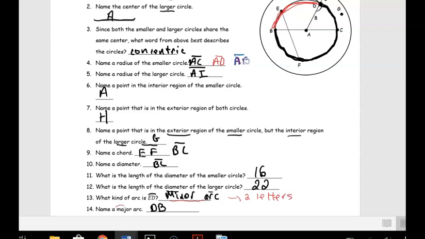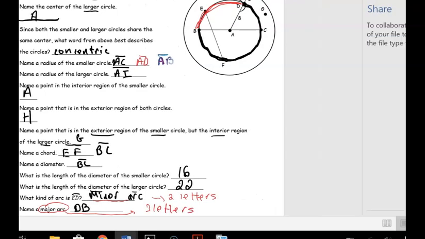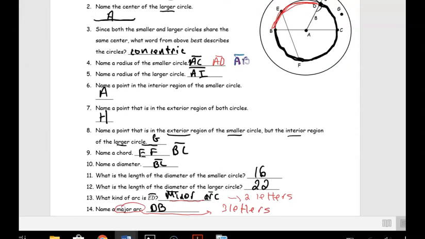The way we name a major arc, we always want to name it with 3 letters. Instead of calling this DB, because if I call this arc DB, it's going to give us this little smaller distance. We want a major arc, we're going to use 3 letters.